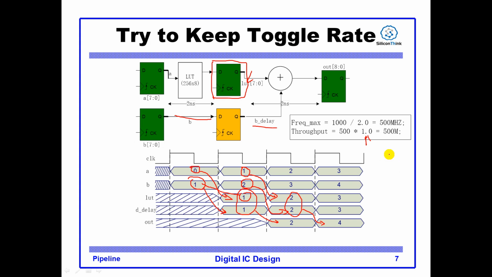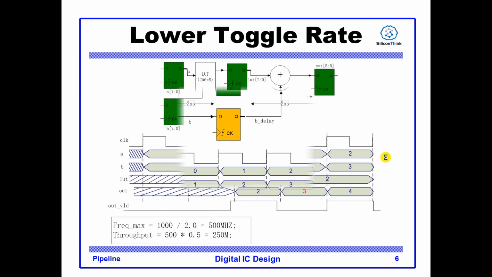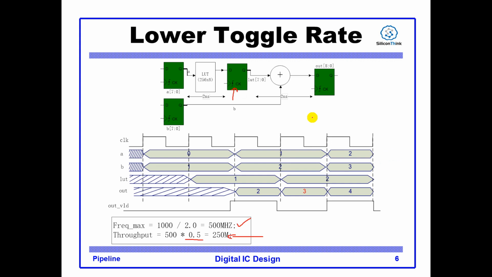Okay, from this simple example, you can learn two things. One is that sometimes you may lower the toggle rate, or you can say lower the efficiency, and get the correct function.